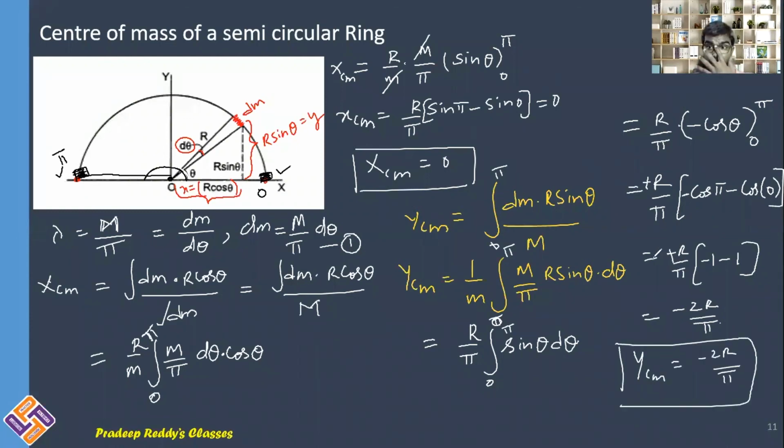But you should not get a minus over here. Oh, yes. The integration of sin theta is minus cos theta. That minus I have written here. Minus will become plus.